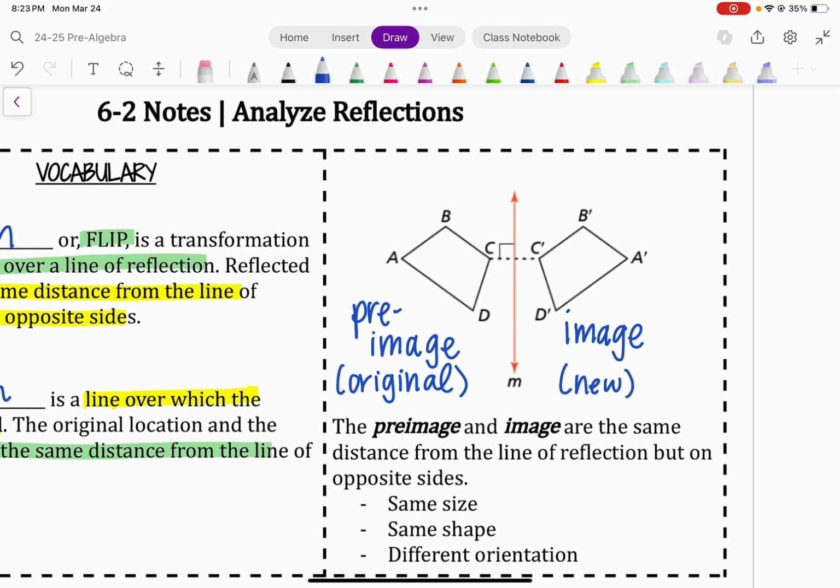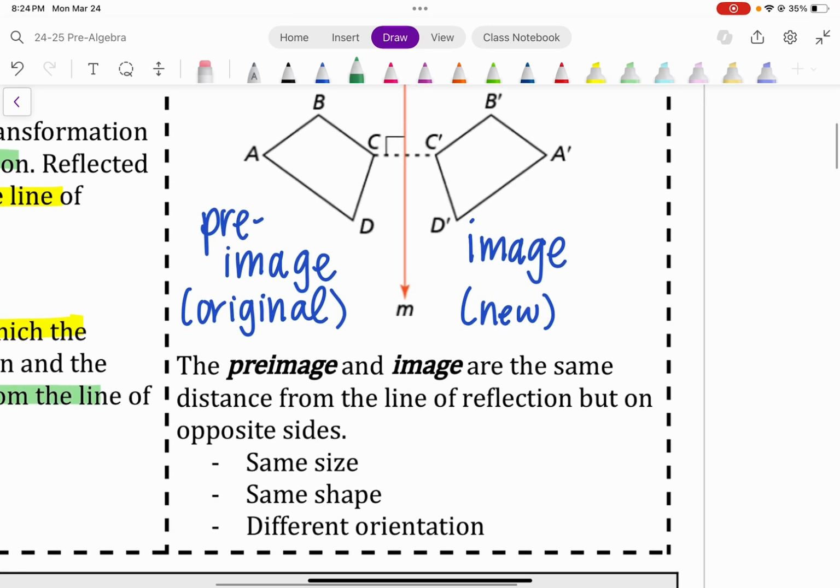And I can see that I reflected over M, which is that line of reflection. So I can see that C and C prime are the same distance away from that orange line. And that's what we're told here. The pre-image and image are the same distance from the line of reflection, but on opposite sides.